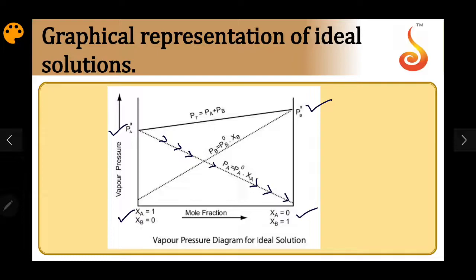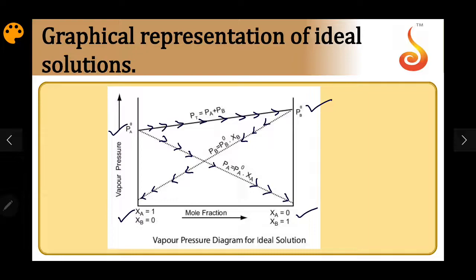For B, if the mole fraction of B is 1, it is P naught B. If the mole fraction of B changes from 1 to 0, the curve for B also goes on decreasing. So the straight line we can see is an ideal solution. The total vapor pressure at any given composition will be the straight line joining P naught A and P naught B. So this is the ideal solution.